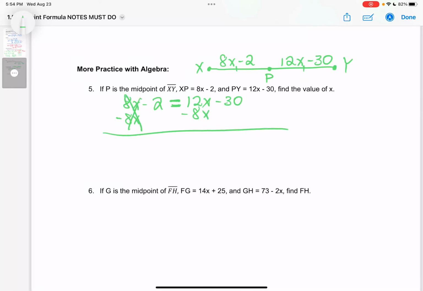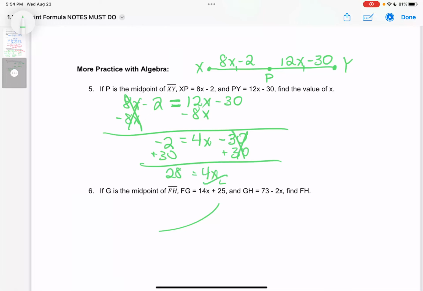So that is -2 equals 4x minus 30. Then I'm going to add 30 to both sides. And I get 28 equals 4x. Then we have to divide by 4 because x is multiplied by 4. So x equals 7.